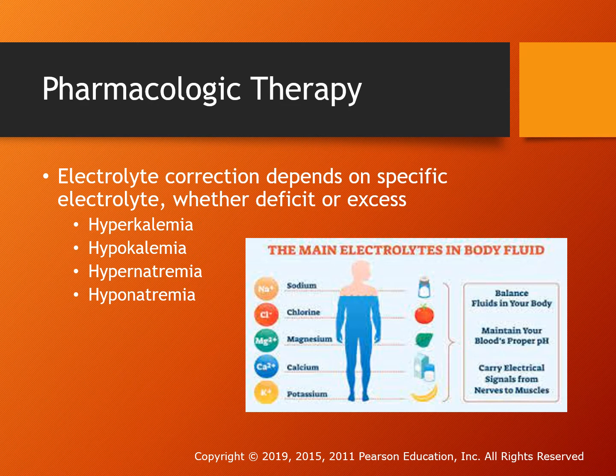Pharmacological interventions, and this is on page 373. Electrolyte correction depends on specific electrolyte, whether deficit or excess. So hyperkalemia means I have too much potassium, so I need to get the potassium down. One thing, and I really want you to know this, and this says it right here on 373.